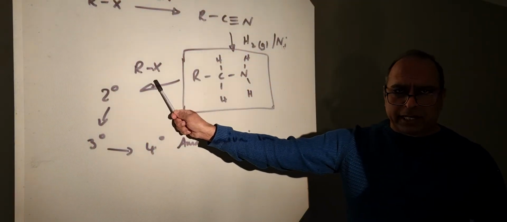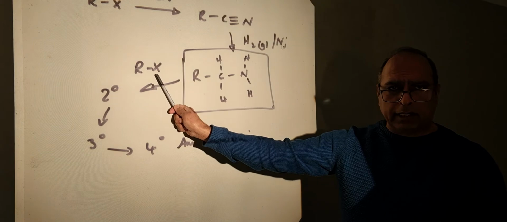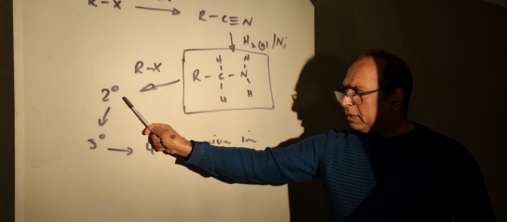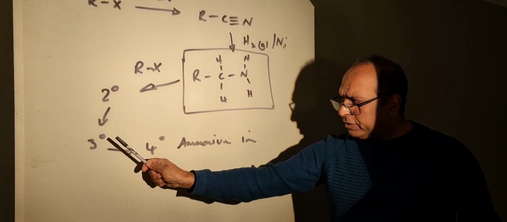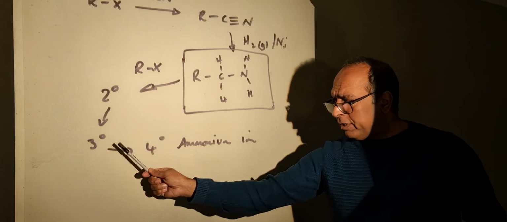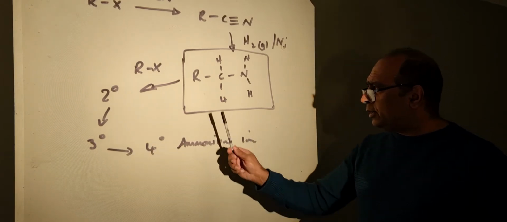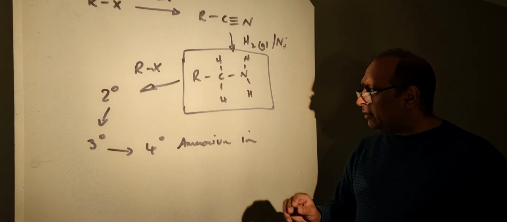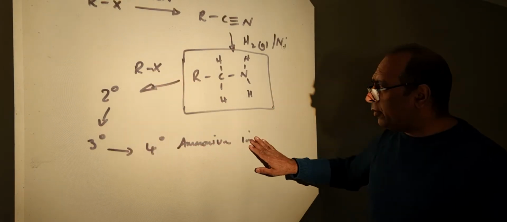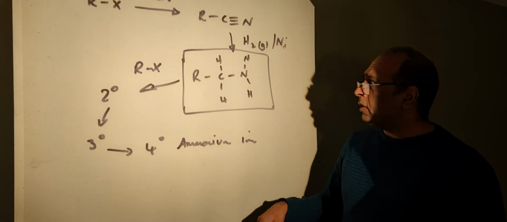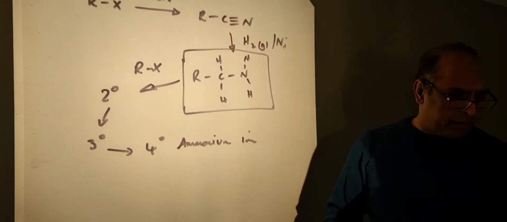Provided you've got excess haloalkane, the secondary will react further to give you the tertiary, and the tertiary will react further to give you the quaternary ammonium ions with the halide ions, obviously. And that's what we've done recently, last lesson, and in previous lessons.